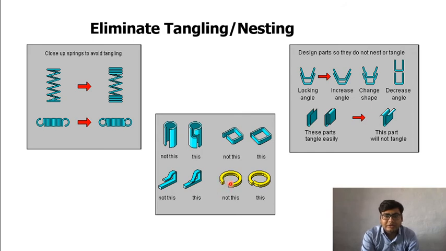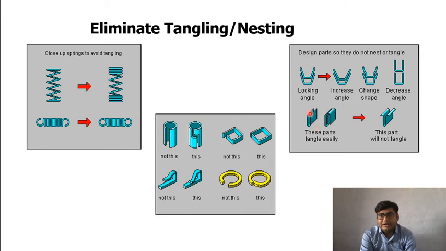Again, if there is an open end, then tangling is possible. Close that end and tangling will not be there. Then if there is some locking angle, by increasing that angle, we can easily remove the part, and we can change the angle. We can change the shape also to easily remove the part.